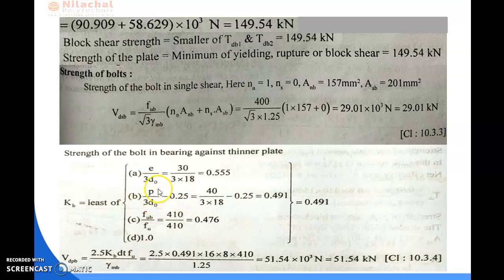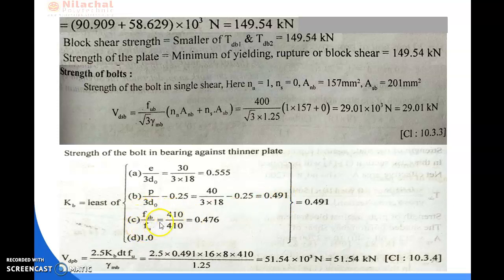Now the second portion is p by 3D0 minus 0.25. P is your pitch distance of the plate section, which is given as 40 mm. So 40 divided by 3 into 18 minus 0.25, that answer is coming as 0.491.